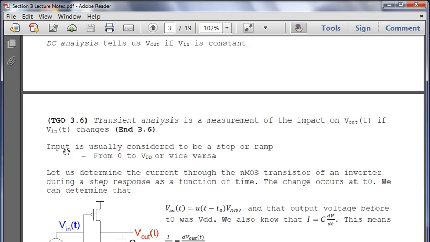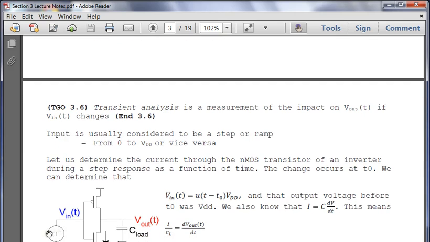So here we have an inverter with a step function input, and we have a PMOS and an NMOS, and we have our supply drain source current going through our NMOS transistor. To recall, our current is dependent upon capacitance and the rate of change of voltage over time.